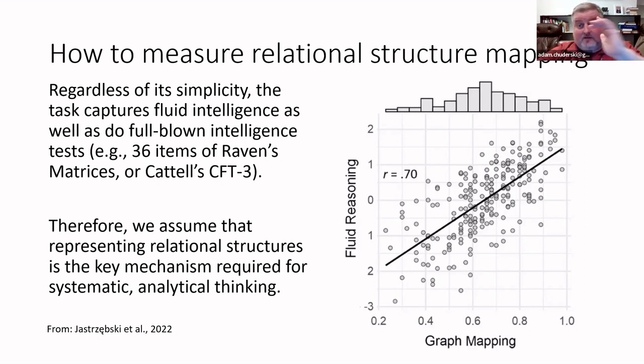Each test has limited reliability. So the ability to map the relational structures predicts quite well general intelligence, general cognitive ability, or general cognitive fitness. So we assume that representing relational structures is the key mechanism, not only for analogy, but for perhaps most kinds of systematic analytic thinking.